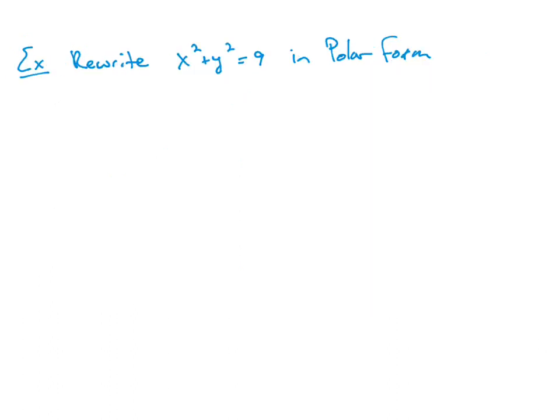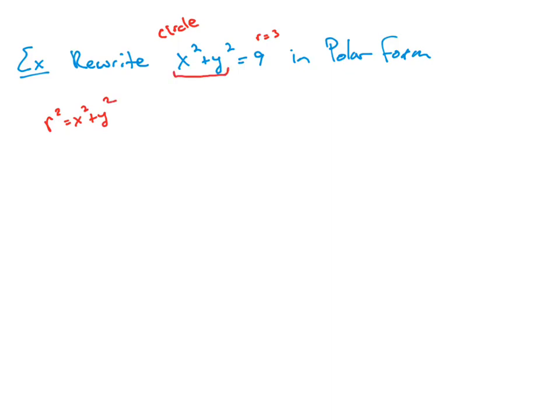Okay, so let's rewrite this equation, x squared plus y squared is equal to 9, in polar form. This isn't necessary, but this is an equation of a circle, has a radius of 3, and it's centered at the origin. So let's rewrite this in polar form. Well, what we just saw was r squared is equal to x squared plus y squared.